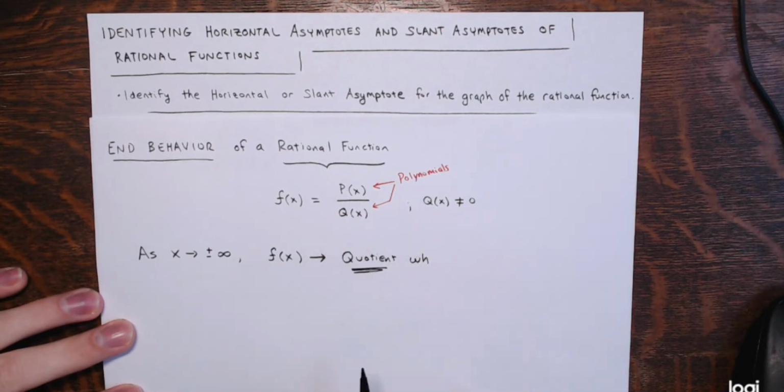So the key is the quotient here. Basically, you have to remember how to divide polynomials, which was discussed in previous videos earlier in this chapter of this particular text.